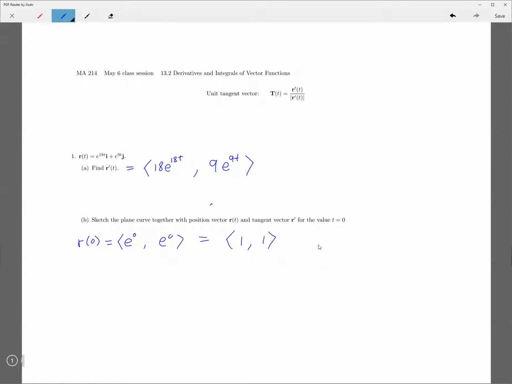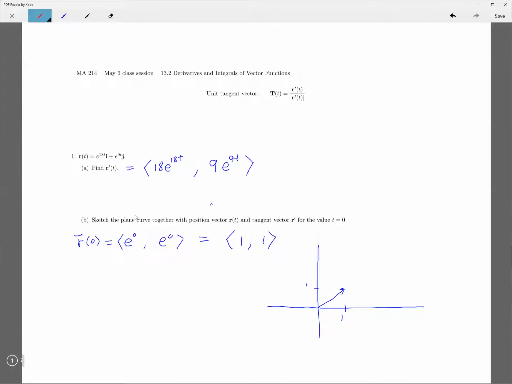So this part is going to go from the origin to the point 1, 1. So this first vector is just going to be that. That's what this vector is going to be, r of 0.